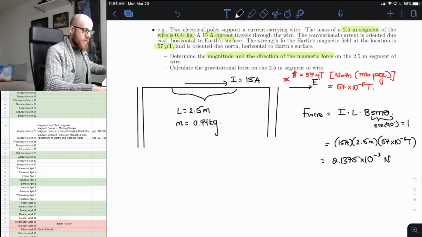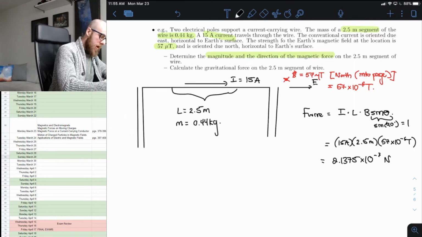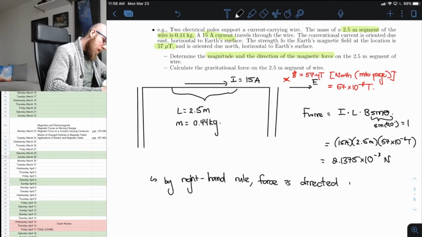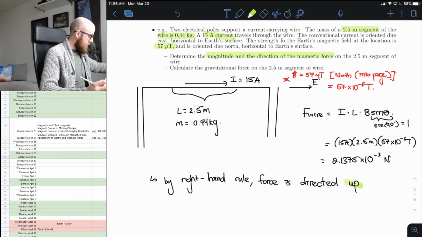So by the right-hand rule, the force is directed up.